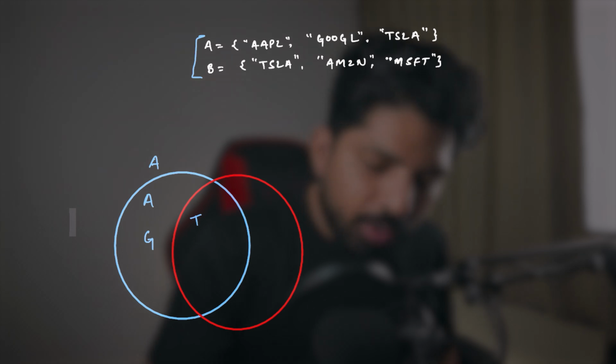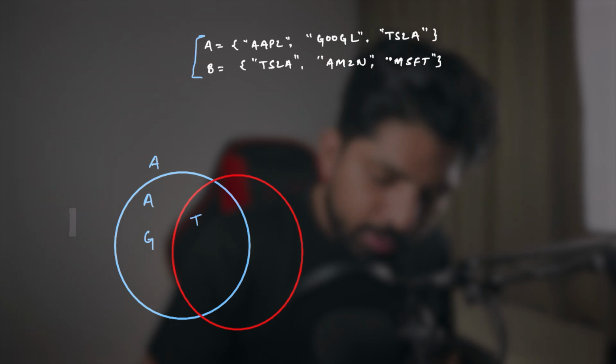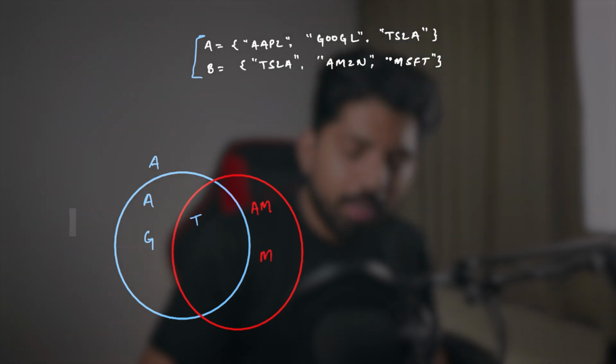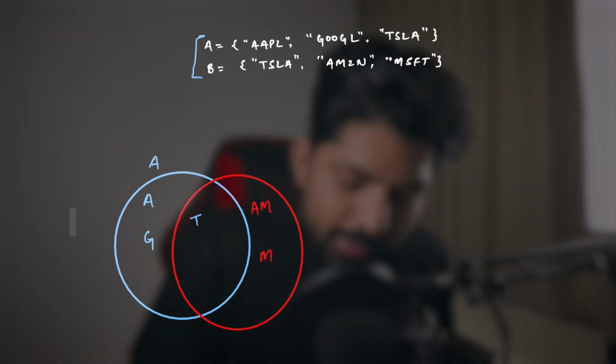Then in set B, we have Tesla. Tesla is also in set B, so I'll just leave it. And we have Amazon, so I'll write AM to differentiate. And then we have Microsoft, correct? Here we can see that this is set A, which has Apple, Google, and Tesla. This is set B, which consists of elements Tesla, Amazon, and Microsoft.